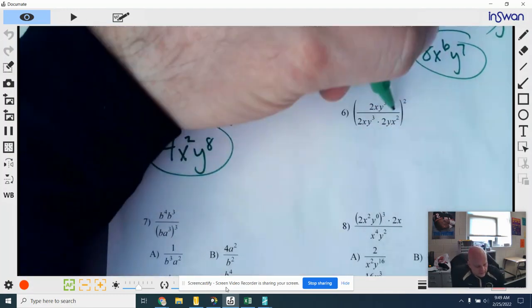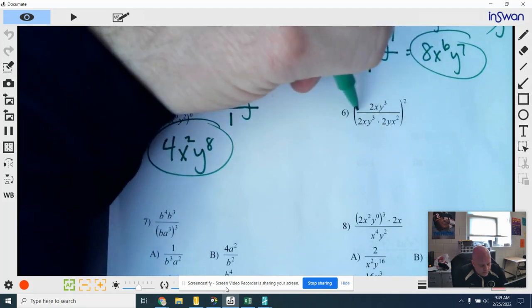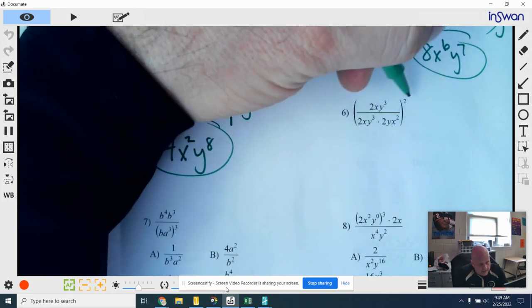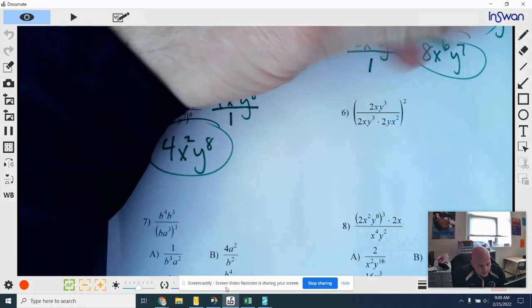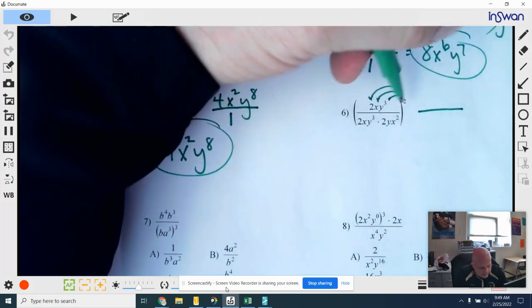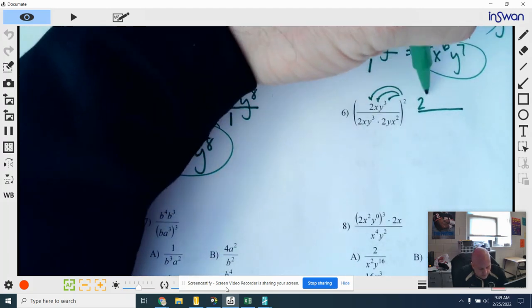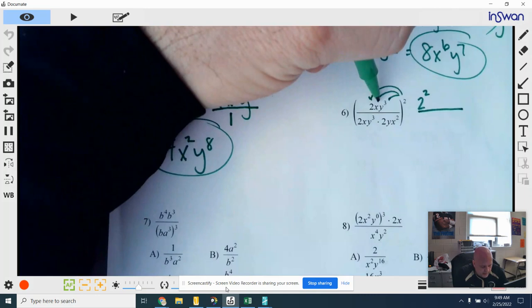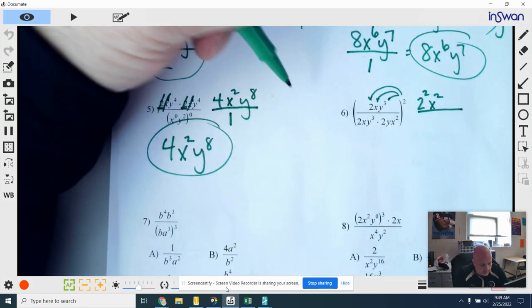Okay, number 6. So this one you have the entire thing is to the 2nd power. So this 2 is going to be distributed into every single piece. Okay, so we're handling the top first. So we got 2 squared. And then we have x squared.